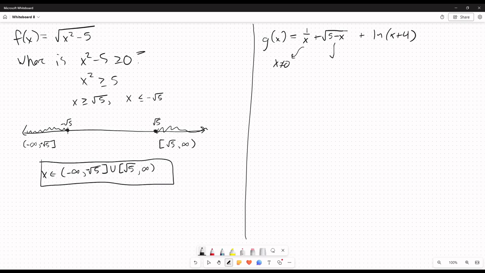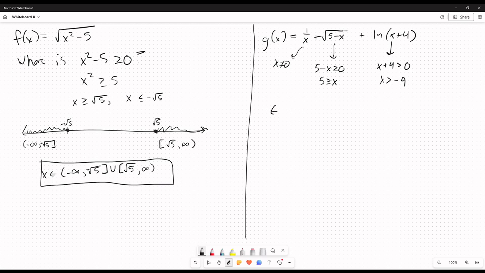This chunk tells us that 5 minus x has to be greater than or equal to 0, which means that 5 has to be greater than or equal to x. And this chunk tells me that x plus 4 has to be greater than 0, it can't equal 0 because we can't take the natural log of 0, which tells me that x is greater than negative 4.